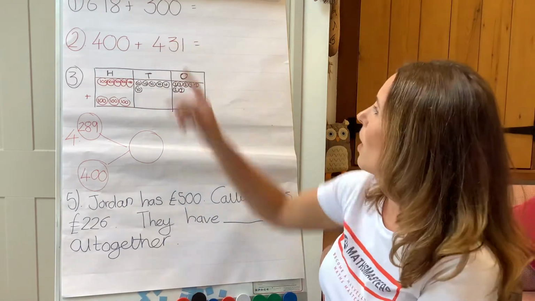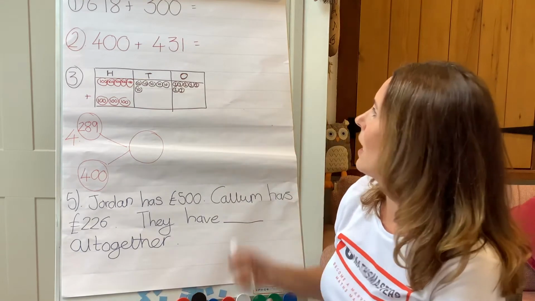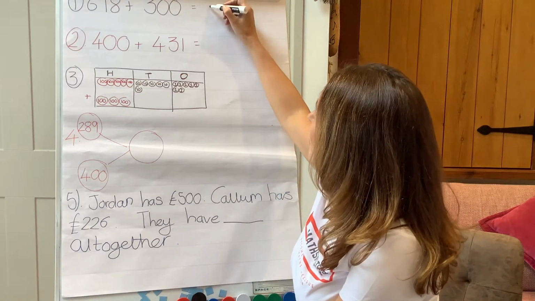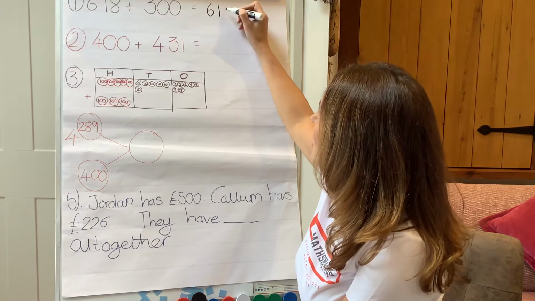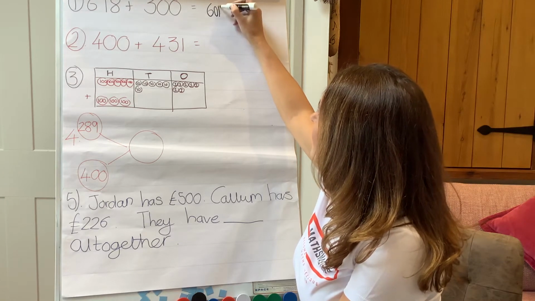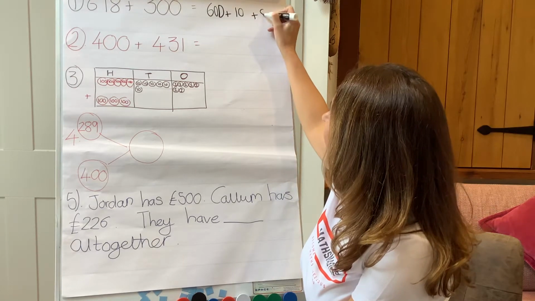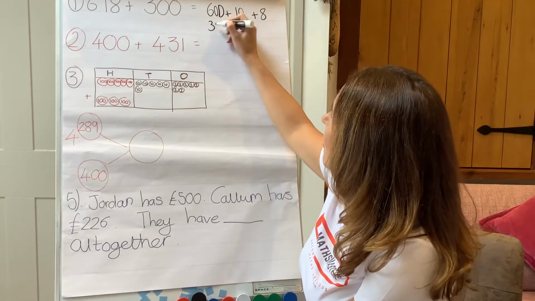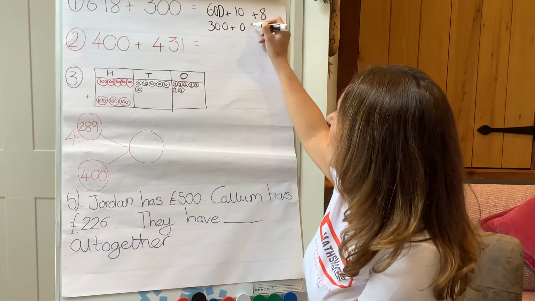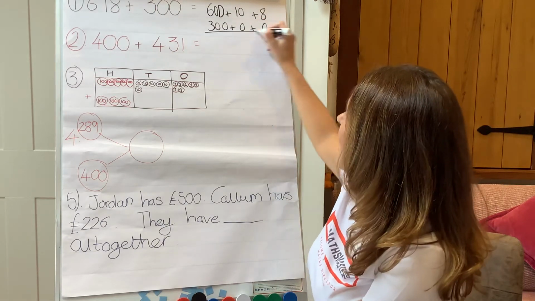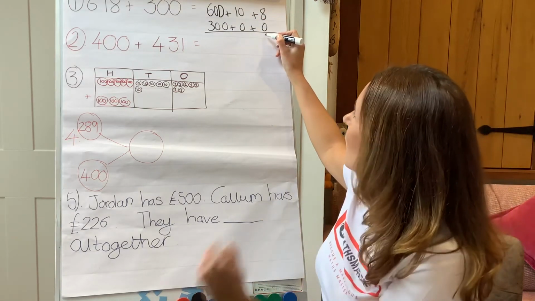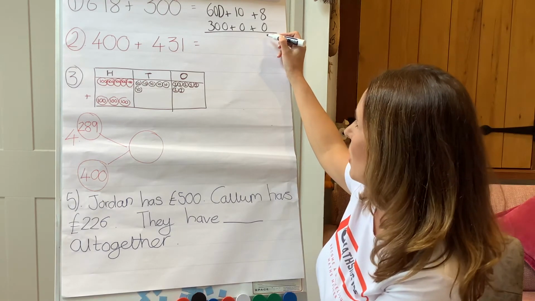Okay, so the first one, thinking about it mentally, we can partition this. We've got 600, 10 and 8, adding 300 and 0 and 0. So we can add that together in our heads. We can do this mentally.